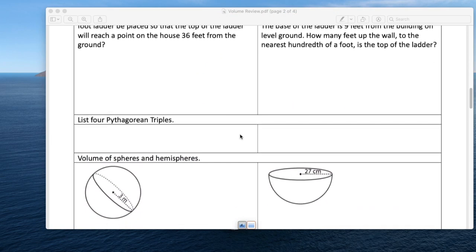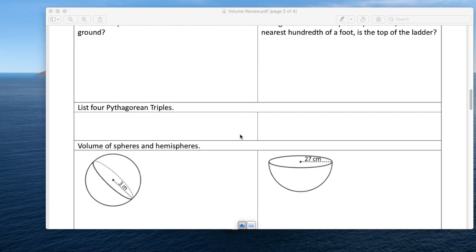Pythagorean triples, list 4. So go through your notes. I just listed 4 because it's what we did the other day. It's just for you to look at. So again, Pythagorean triples are a set of the three lengths of a Pythagorean triangle, right?